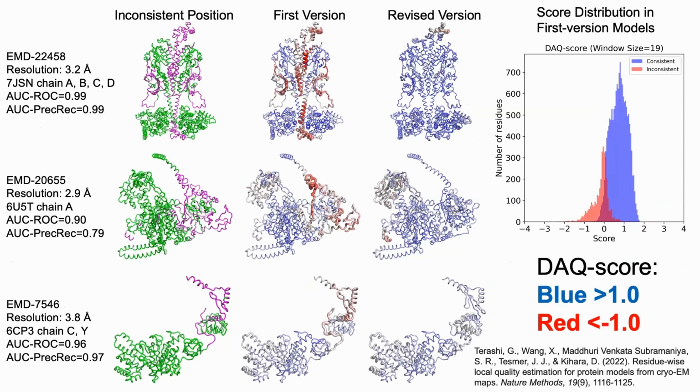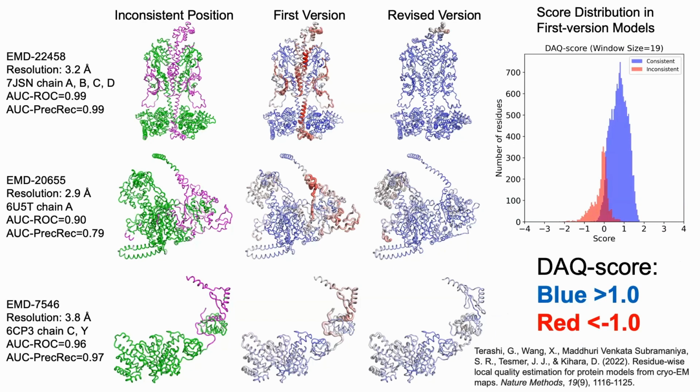So there are several interesting examples. The left column shows the two versions of the atomic model PDB entries between which the author made updates. Then this is the result of the DAQ score on the first version model, and the right column shows the revised version.